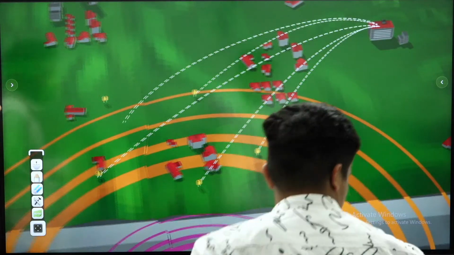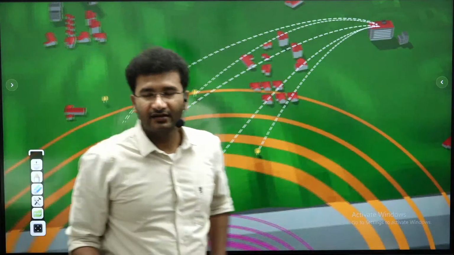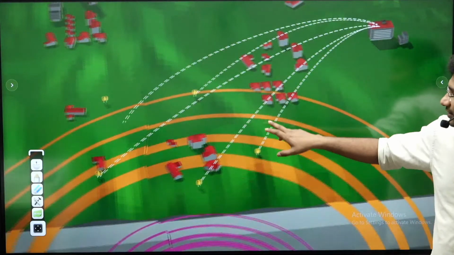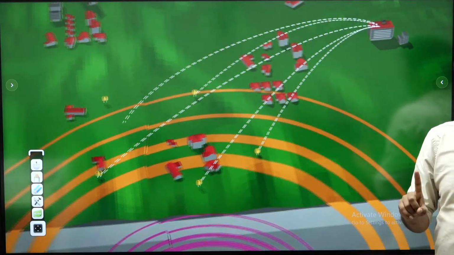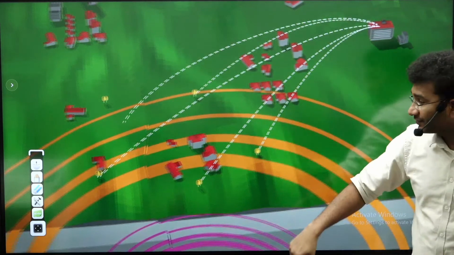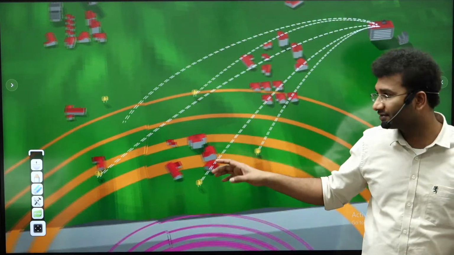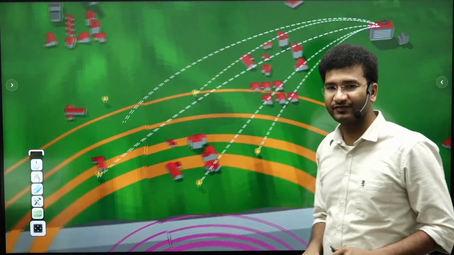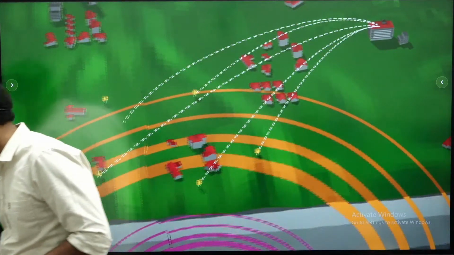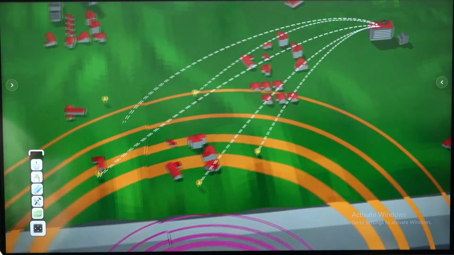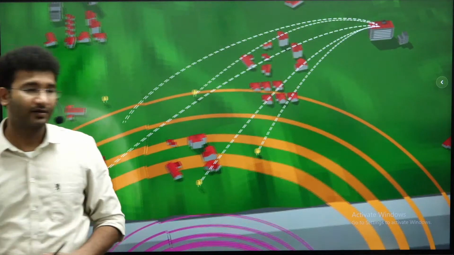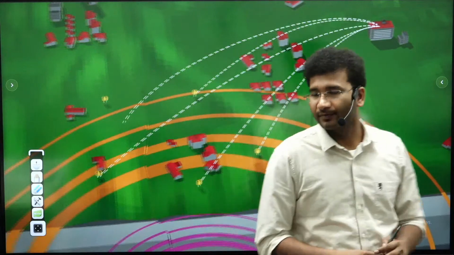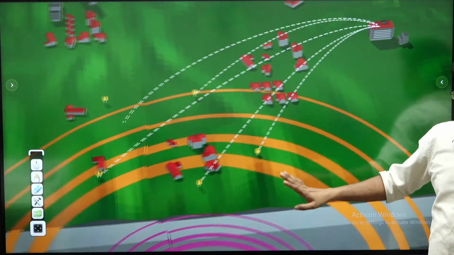So these P waves, they are the first ones to reach. After P waves are released, you will find these are S waves, right? Just a minute, okay. So look, these are your P waves and second waves.